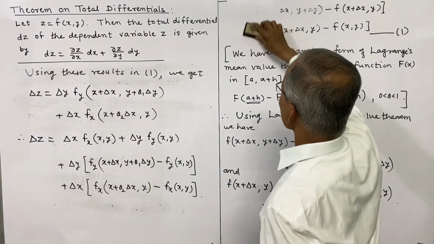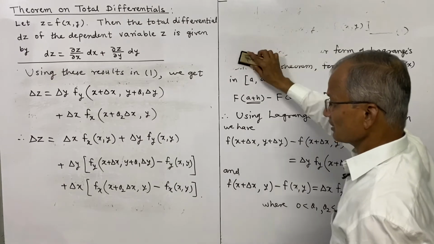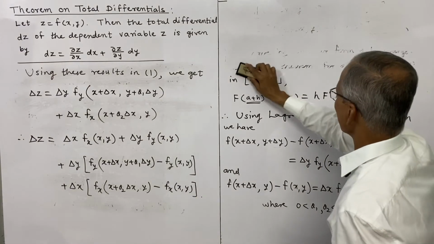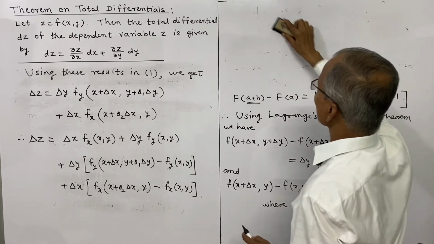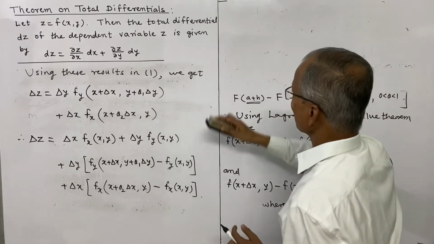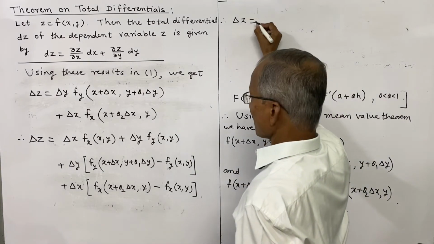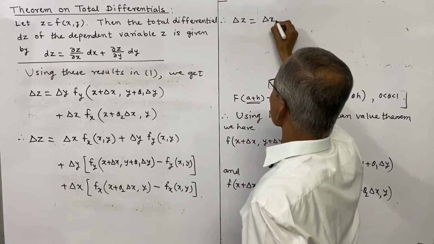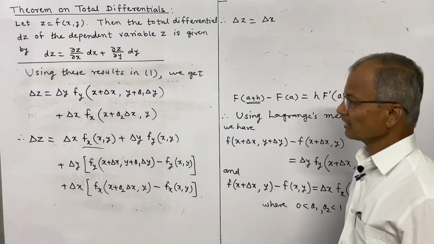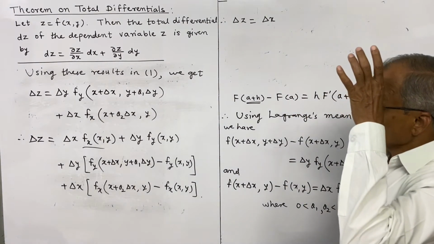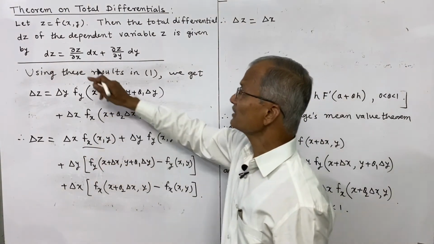Further, this can be written as, now the left side is delta z and the right side is delta x, and what is this, I shall write that as dou z by dou x, because it is the partial derivative of f with respect to x, and f is the same as z.